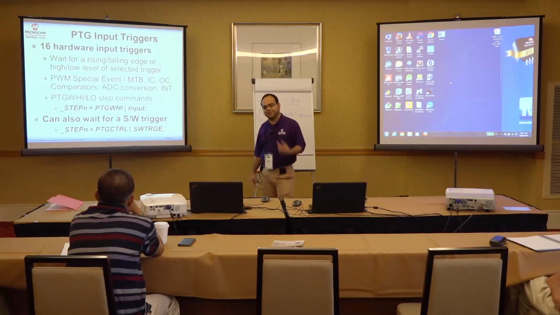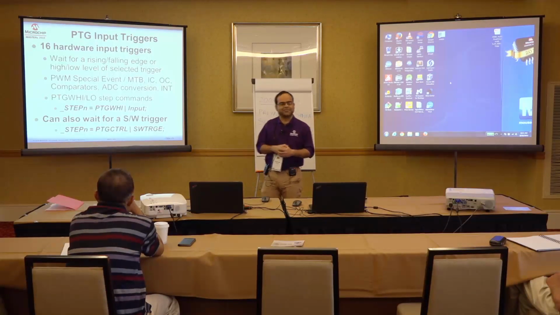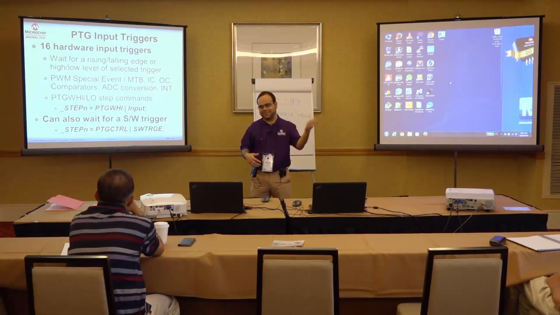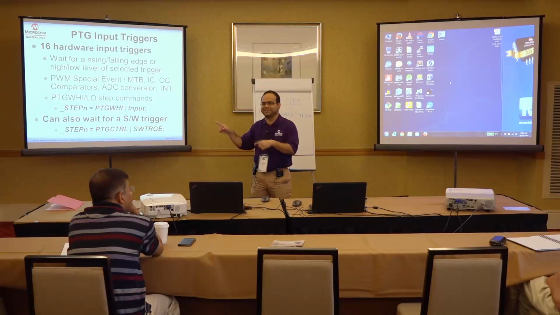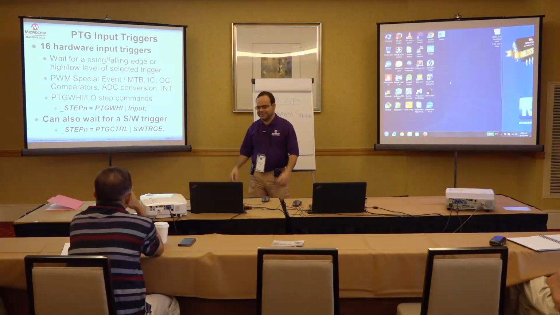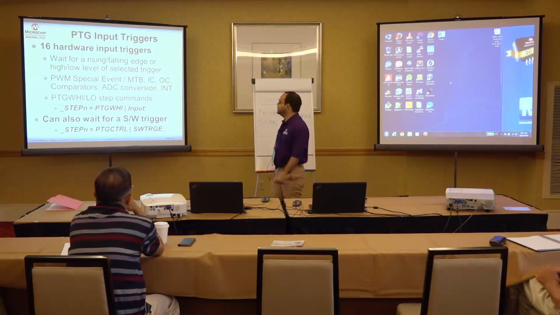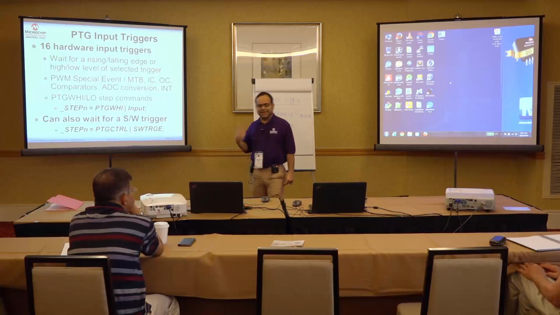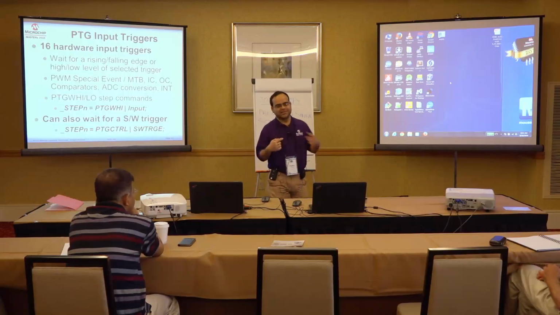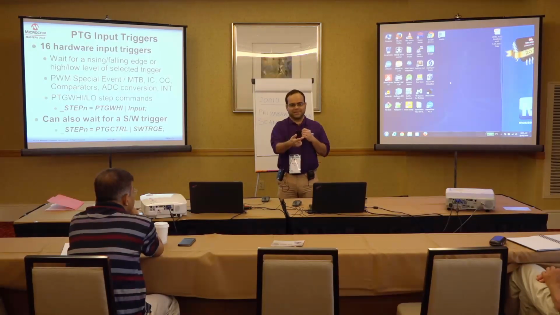Input capture events, output compare events, comparators could also generate a trigger. So, if some signal goes beyond its limits, it can immediately trigger the PTG, and the PTG can send a trigger immediately to some other peripheral or maybe shut down some module. Then ADC conversion, and this is a very important one, because in many cases the PTG would be used to wait for an ADC conversion result to be complete.